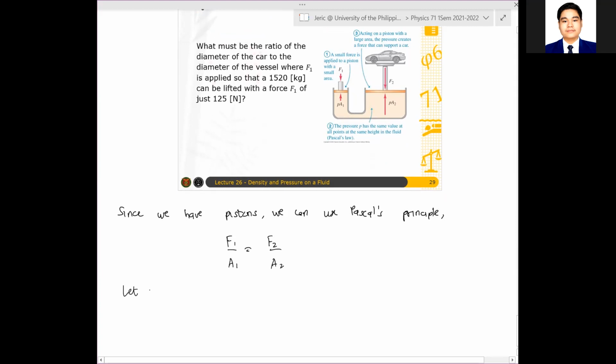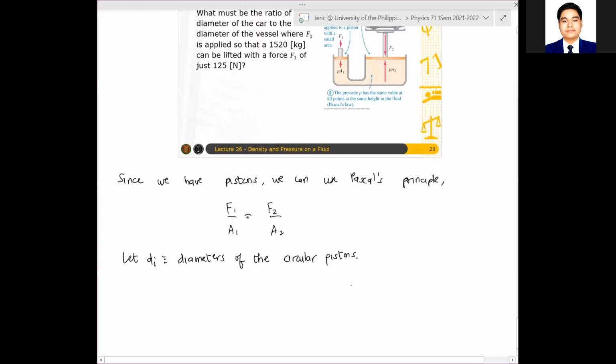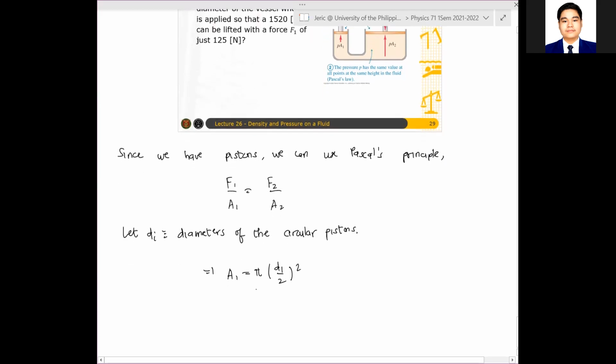Let Di be the diameters of the circular pistons. Okay, i here is an index quantity, index lang naman yan. So in that case, A1 is simply pi quantity D1 over 2 quantity squared. Tama? Yes, tama, di ba? And then A2 is just the same, pi quantity D2 over 2 quantity squared.